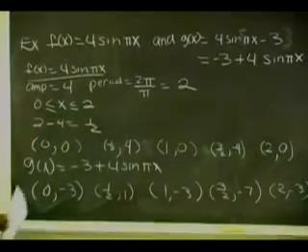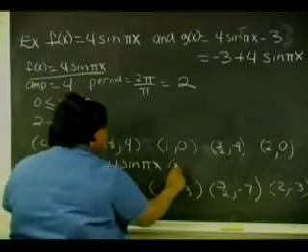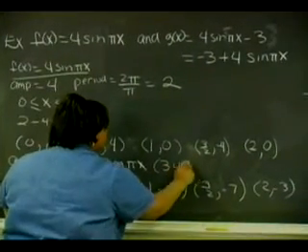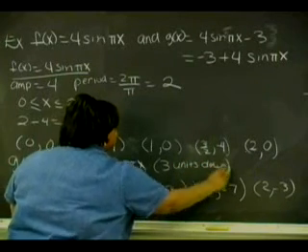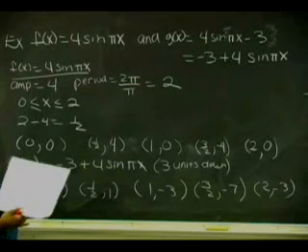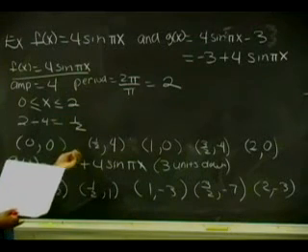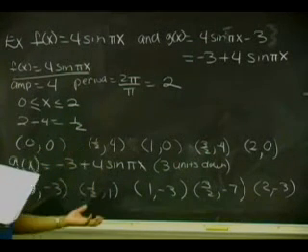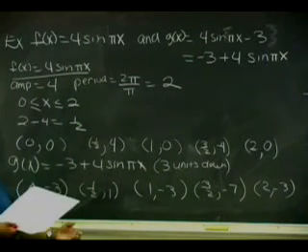Okay? I can subtract 3 because this pushes the graph 3 units down. And because my basic graph was the same, I have the same period, the same length and intervals, the same starting point and ending point.